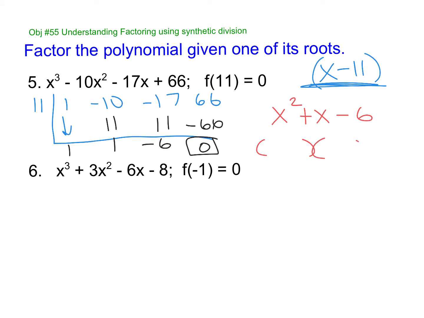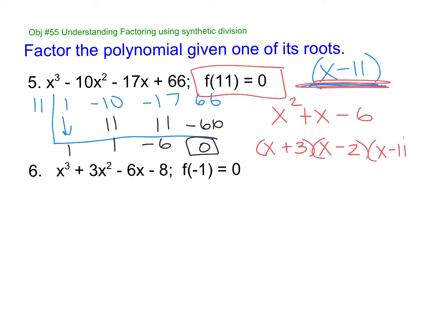That factors. Multiply to negative 6, combine to positive 1, so that's 3 and 2. The 3 is positive. And then don't forget, because we have f of 11 equals 0, meaning x minus 11 is a factor.